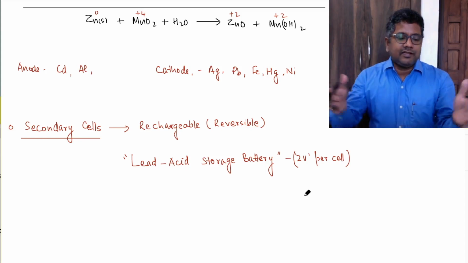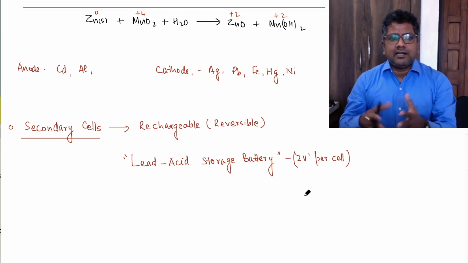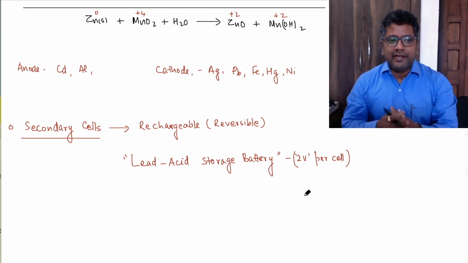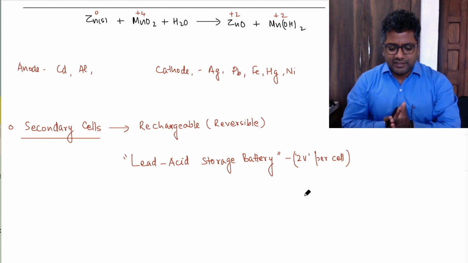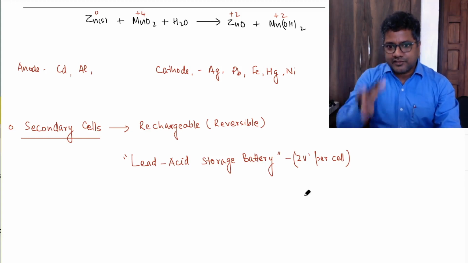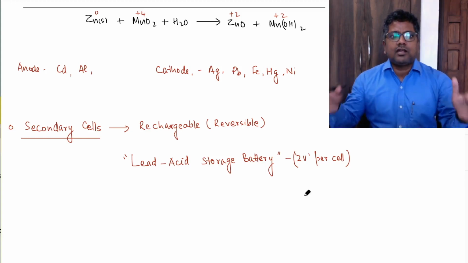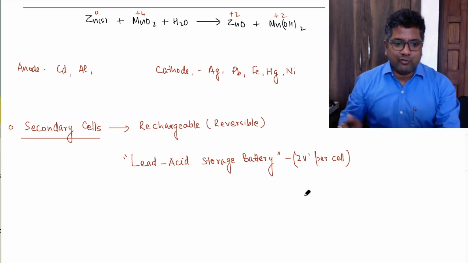In our house, the inverter batteries that are used are typically 12 volt or 24 volt. 12 volt is commonly used, the big batteries. They have 6 such cells connected in series, so overall voltage you will get is 12 volt.